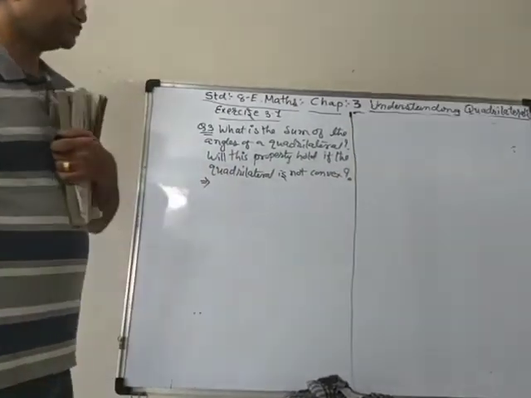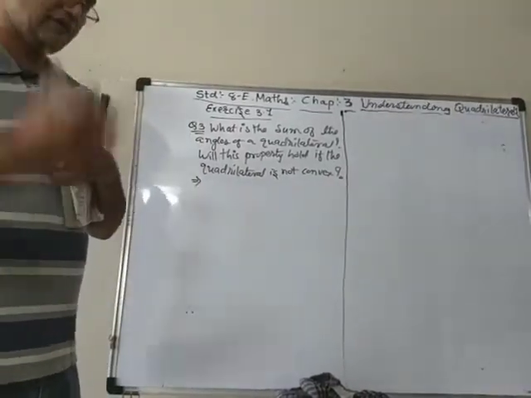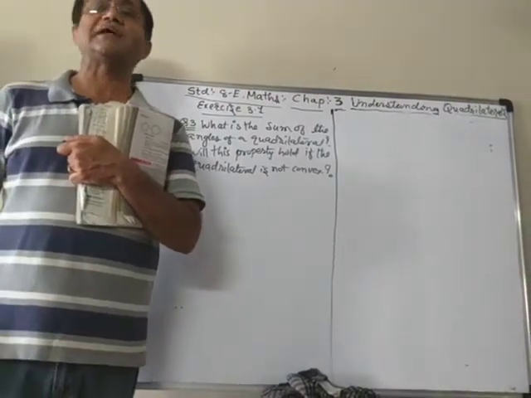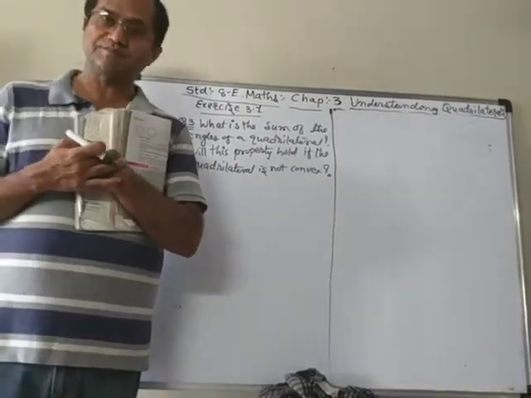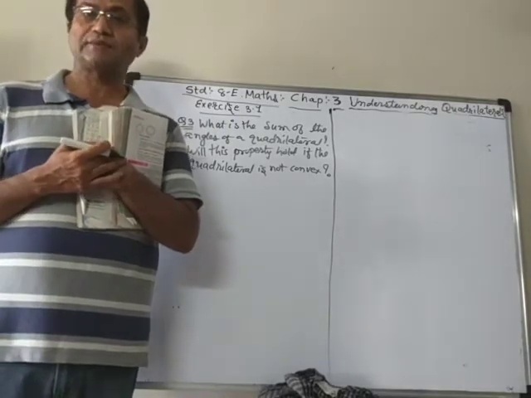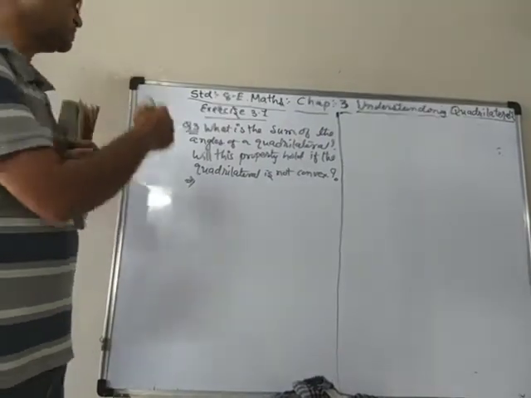Now in the beginning, in the introduction of this chapter, we already wrote down the angle sum property for a quadrilateral. We know that the sum of the 4 angles of a quadrilateral is equal to 360 degrees.